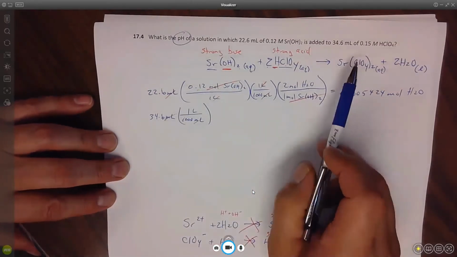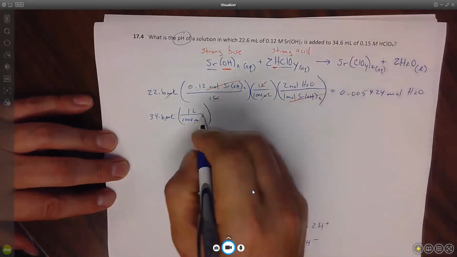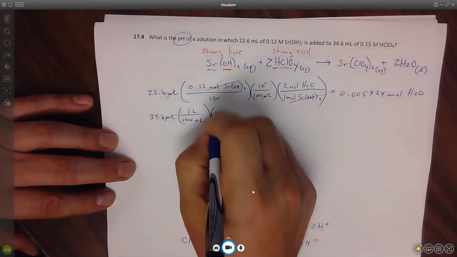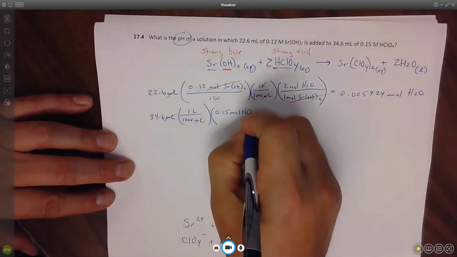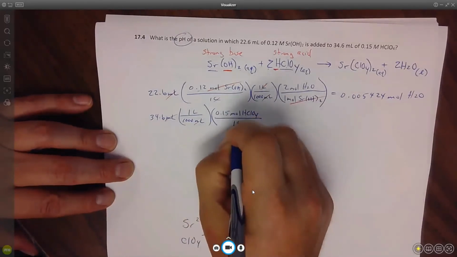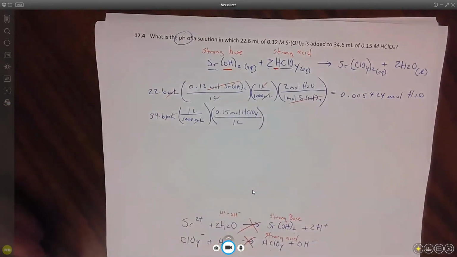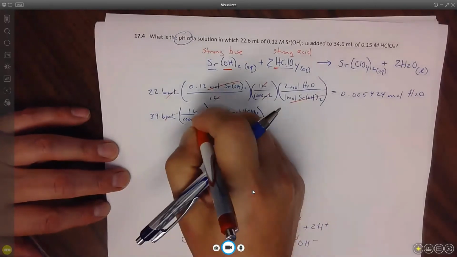We'll multiply that by the concentration of our perchloric acid. Okay, the liters of perchloric acid cancel.